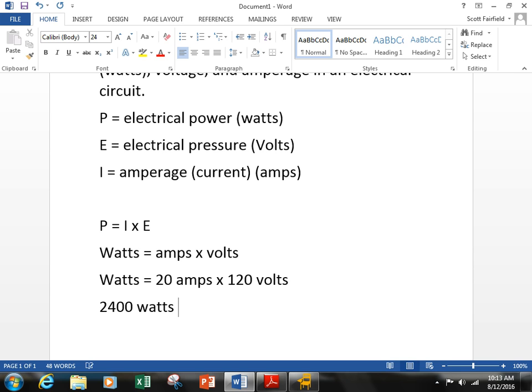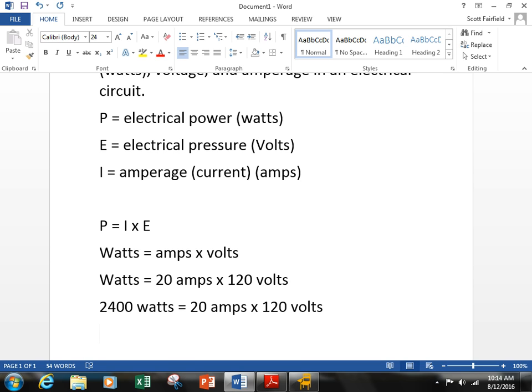So 2,400 watts equals 20 amps times 120 volts. That's what would be available.